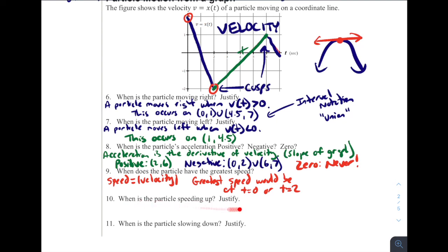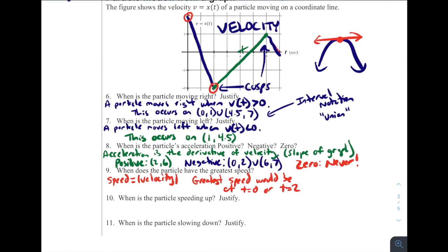When is the particle speeding up and when is the particle slowing down? We need to justify. So we've already talked about the velocity, when this thing is moving left or right. That's places where the velocity is positive or negative, respectively. We've already talked about the acceleration as well.